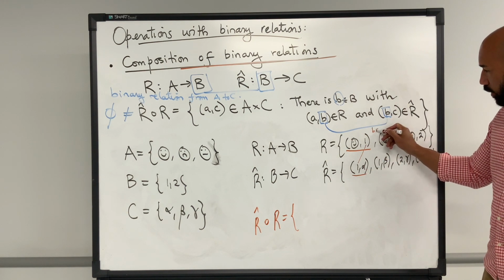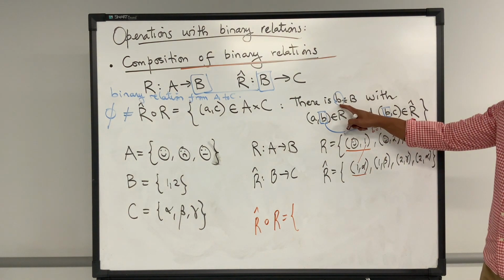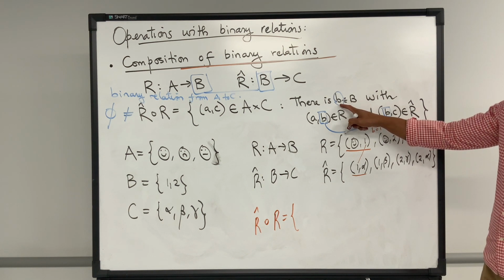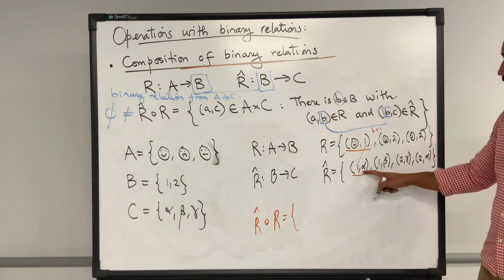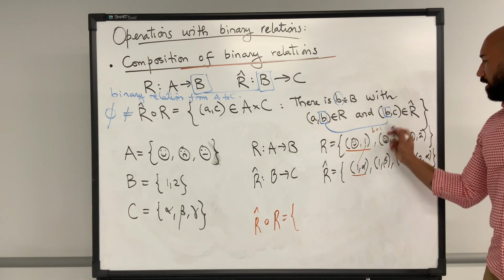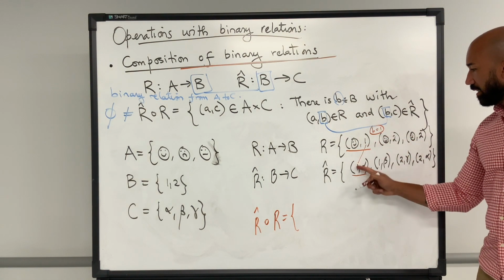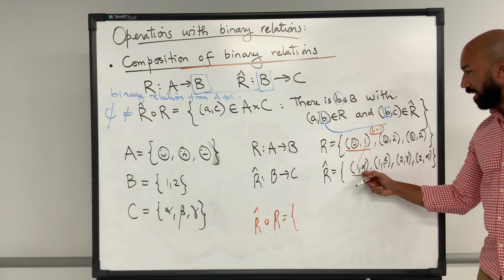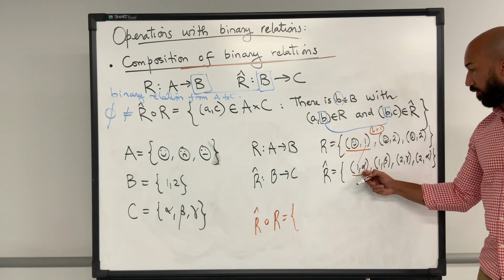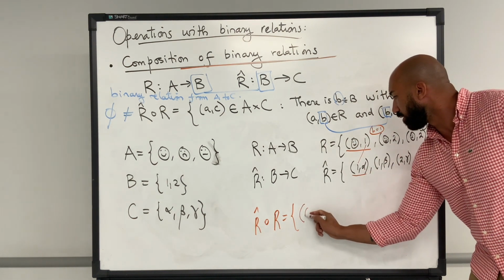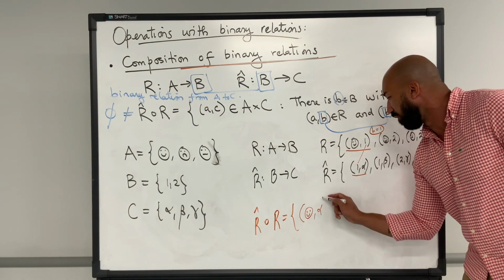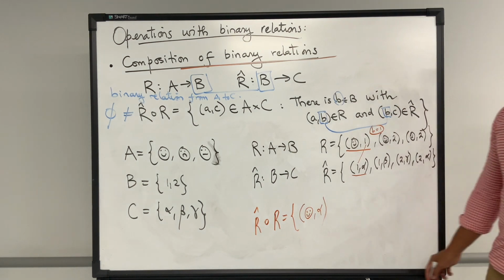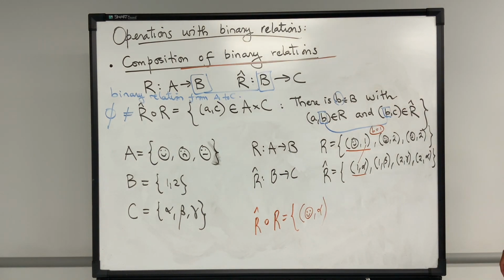So if we choose B equal 1, is that okay? And A equals happy face and C equals alpha, B, that in this case is 1, is serving as a link for happy face and alpha. So it's telling us that happy face alpha is a pair in the composite binary relation.